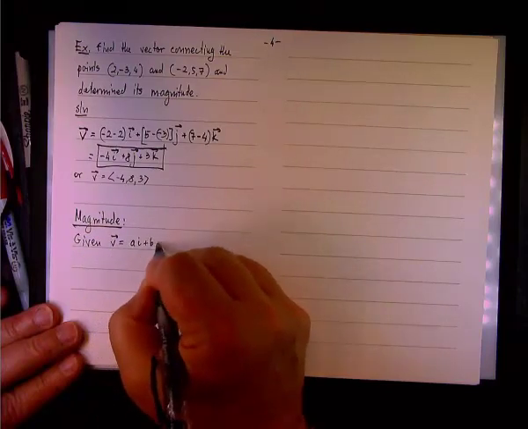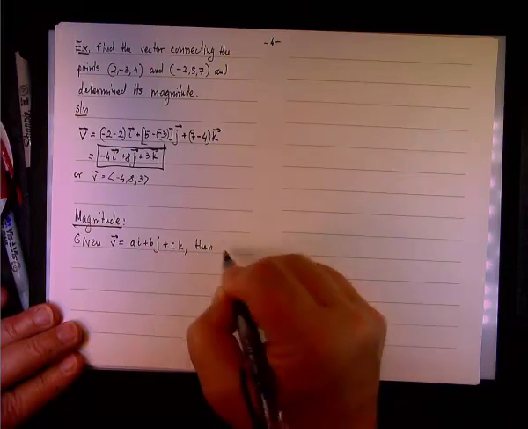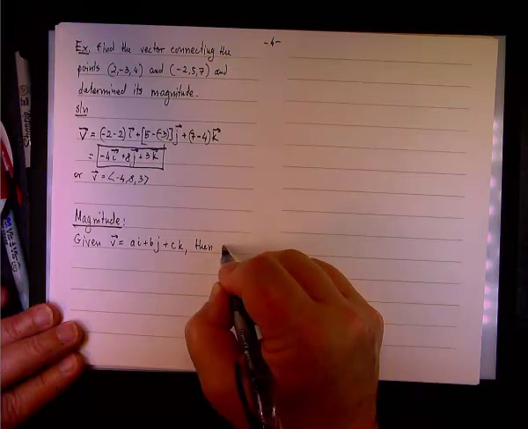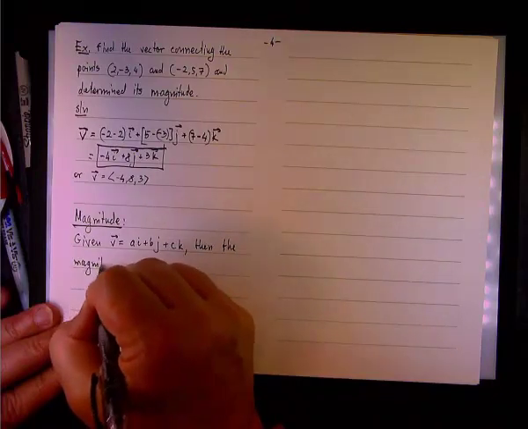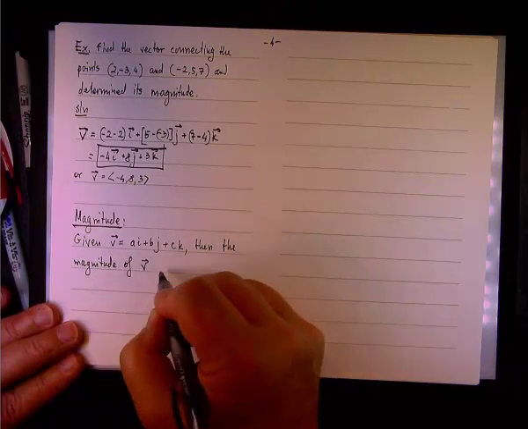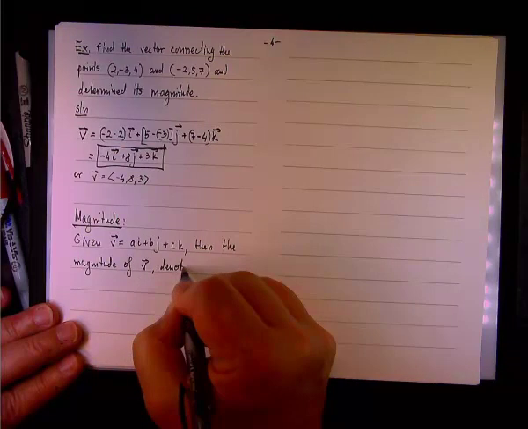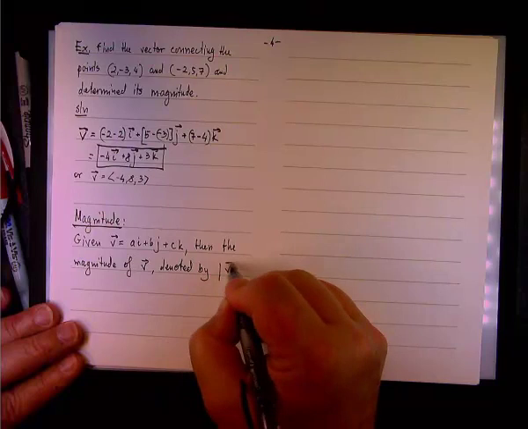Okay. The general magnitude given a vector v equal, let's say, ai plus bj plus ck, then the magnitude of v, denoted by, and I'll use this notation.